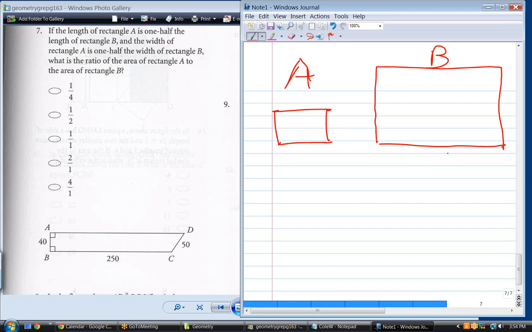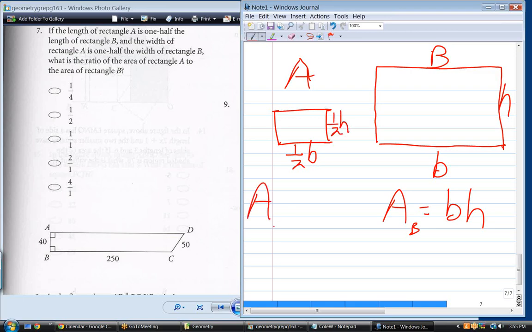Okay. Let's look at rectangle B. Rectangle B has a base of B and a height of H. What's the area of B? BH. Rectangle A has a base that's half of this and a height that's half of that.